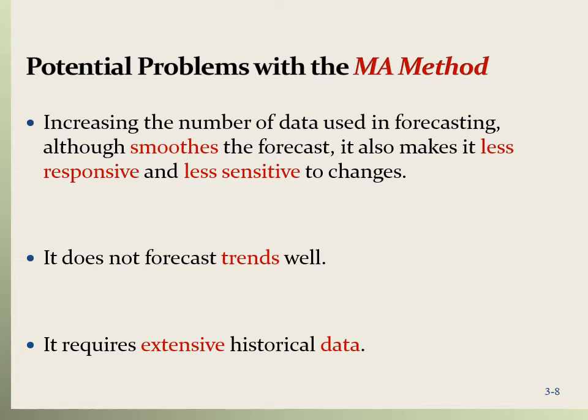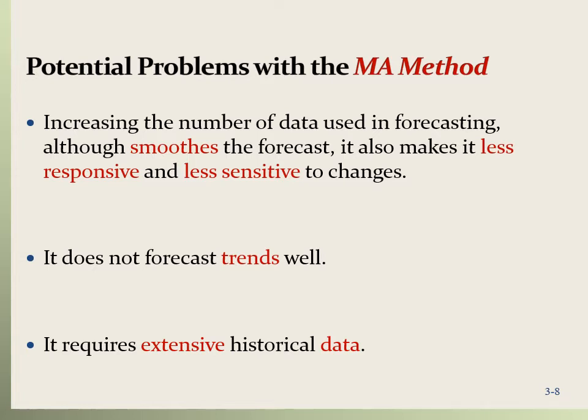So if there is a subtle change in the actual value in your business, your forecast does not quite catch that variation. It's going to smooth it out. It's not going to completely ignore it, but it's going to undermine it.